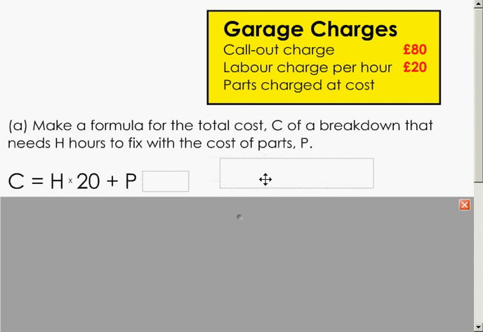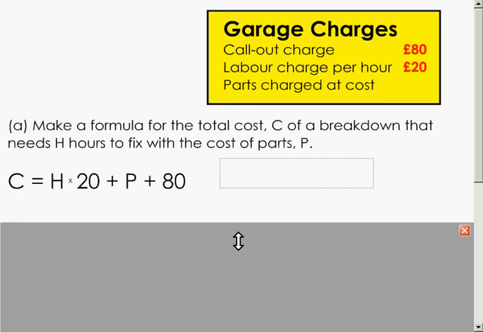Are we finished? Well, no, we also have our call-out charge of £80. This is something that doesn't change, so we have to add that on at the end, plus 80. So our formula is C equals H times 20 plus P plus 80. We can make that a little bit neater. H times 20 is just 20H.